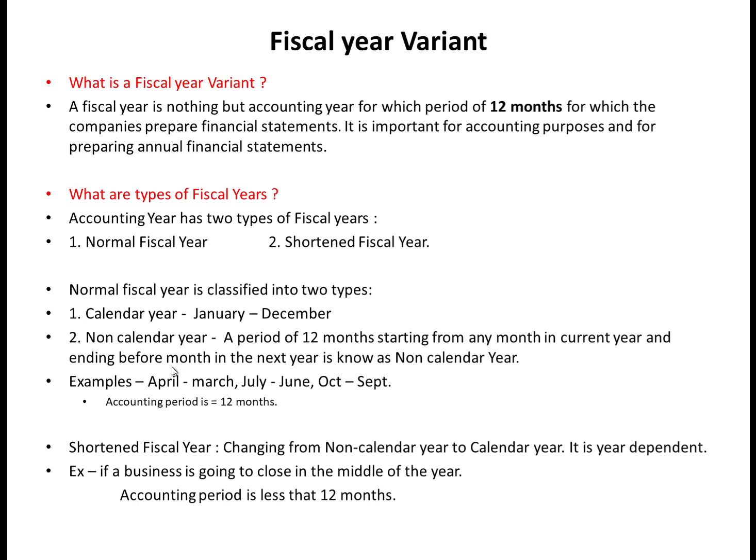The examples are April to March, July to June, and October to September. But the counting period should be exactly 12 months.